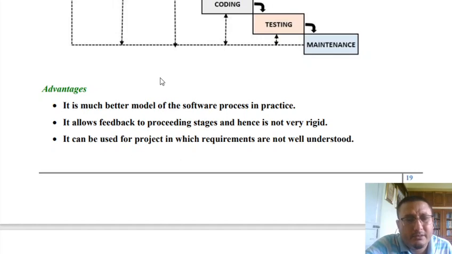This model can be used in situations where the requirements are not well understood before the onset of the development phase, which, in contrast, is not true for the classical waterfall model. The classical waterfall model demands that requirements be well understood before the initiation of the development phase, which is not the case for the modified waterfall model.